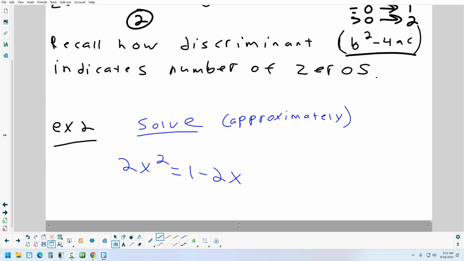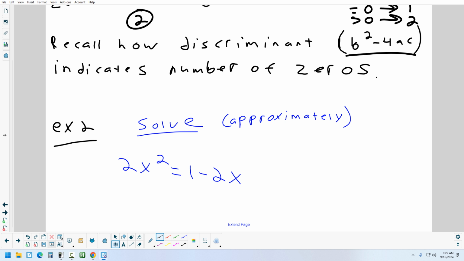All right, so this one says to solve, and it says we can do it approximately. That means we could use the graphing calculator to do it. If it said solve and they wanted an exact answer, what's one method you can use to solve a quadratic if you have to do it algebraically?